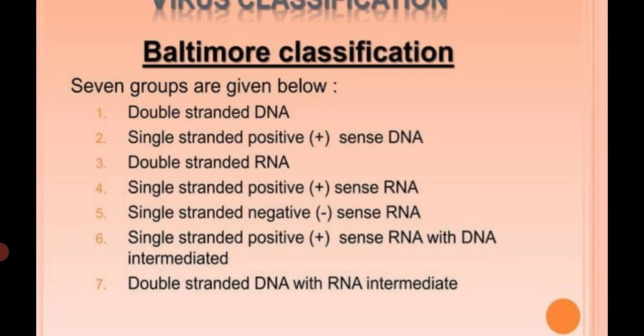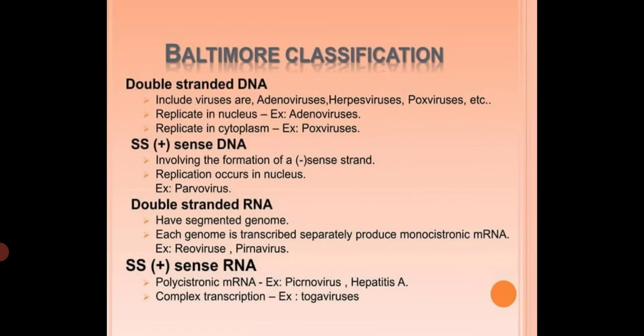Sixth group he put the single stranded positive sense RNA with DNA intermediate, and in the last, seventh group, double stranded DNA with an RNA intermediate. These were the 7 groups given by Baltimore for virus classification.